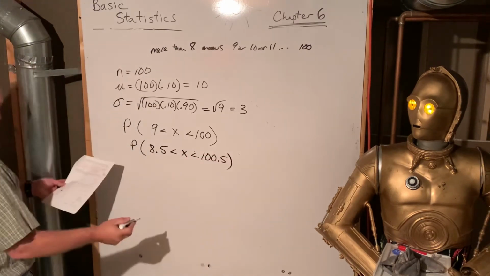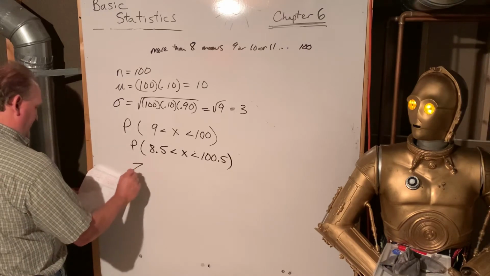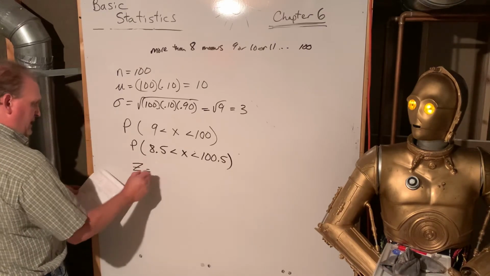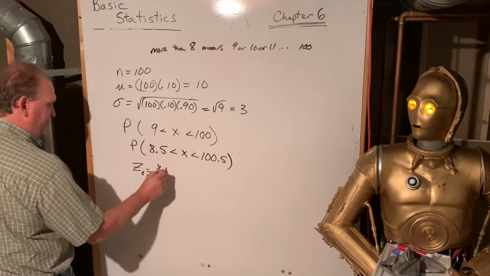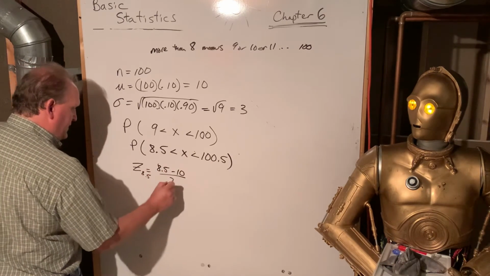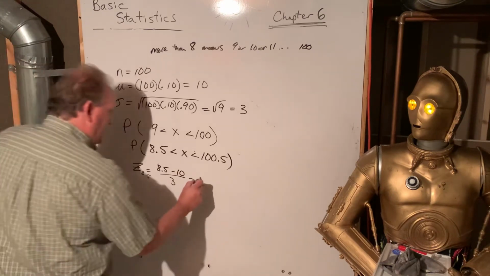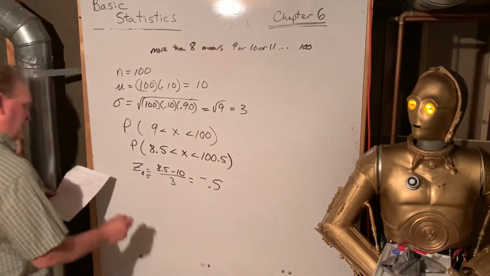And now we'll find our z-scores for that. When I find the z-score for 8.5, that would be 8.5 minus 10 divided by 3, which is negative 0.5. That's convenient.